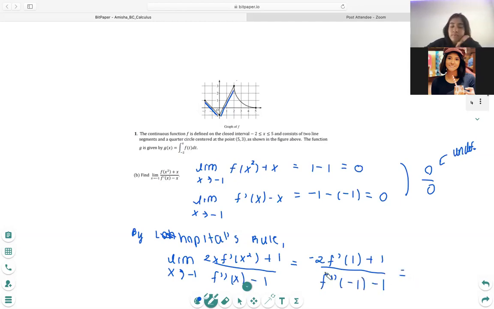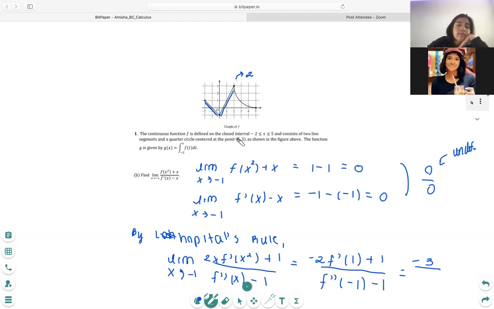Okay, so f prime of 1, right? F prime, we talked about, means the slope at 1. The slope at 1 here is rise of 1, 2, 3, 4, and run of 2. So a slope of 2, and we're getting -4 plus 1 is -3, divided by f double prime at -1.